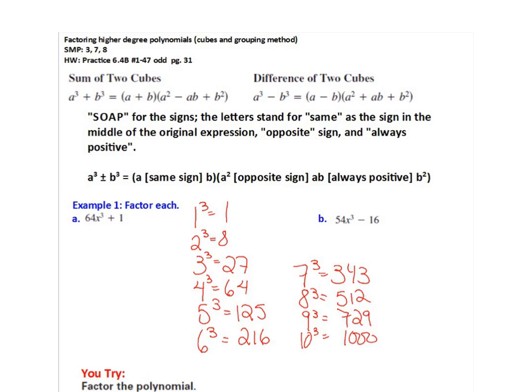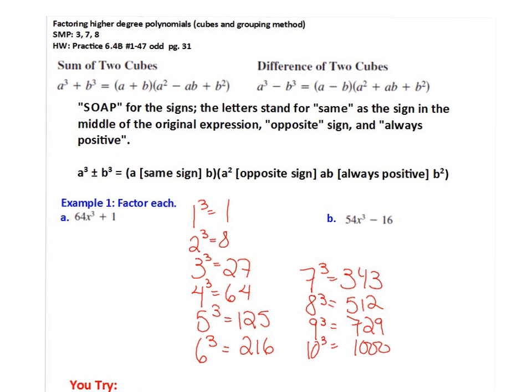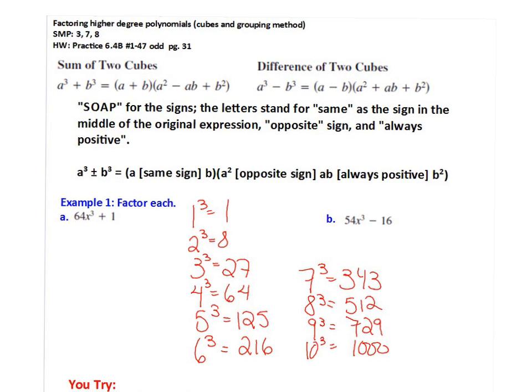Okay, so here's how we factor cubes. When you have the sum of cubes, we have a to the third plus b to the third. That will always factor to a plus b, times a squared, ab, b squared with these signs. And here's how we're going to remember the signs.